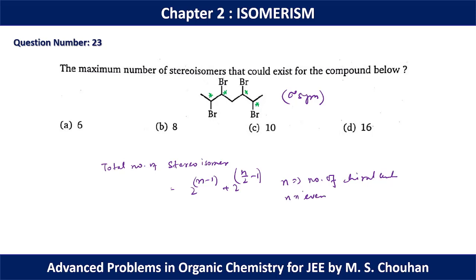So here we have an even number of chiral centers, so we can directly apply this formula. That should be 2 to the power 4 minus 1 plus 2 to the power 4 by 2 minus 1, so it will be 2 cube plus 2 to the power 1, so 8 plus 2. So the total number of stereoisomers is 10. So option C should be the correct option.